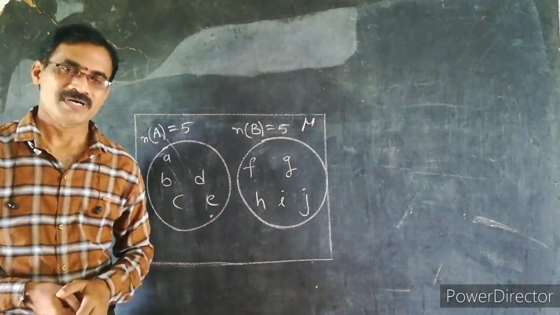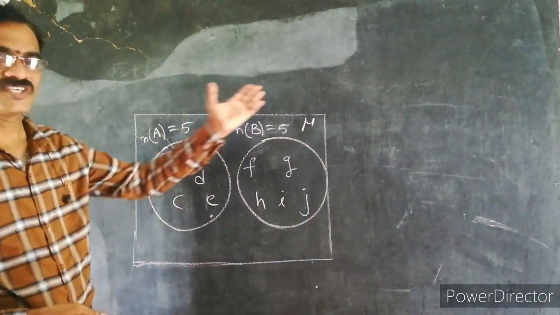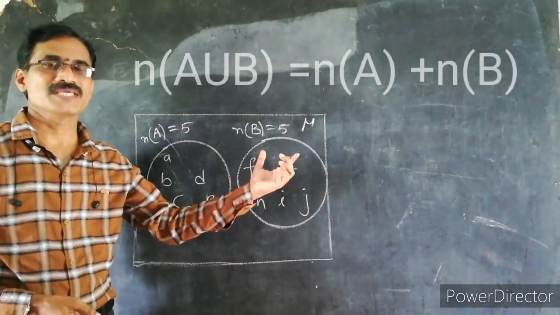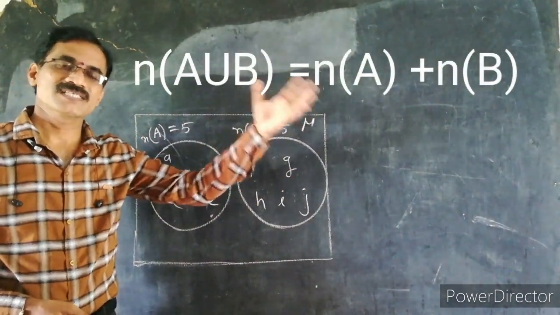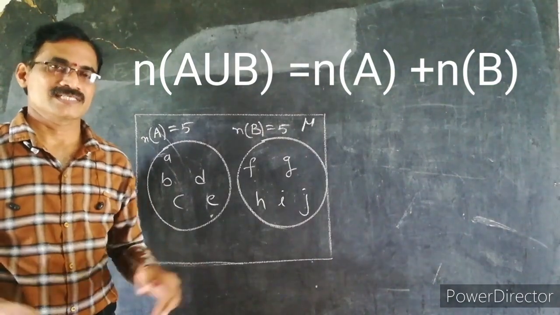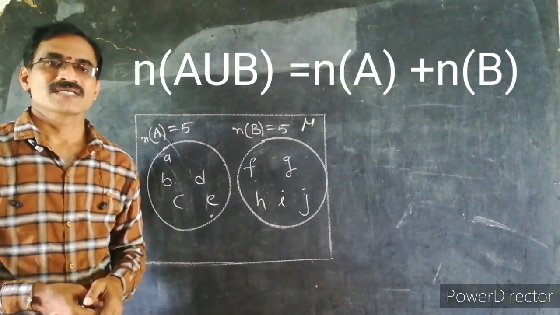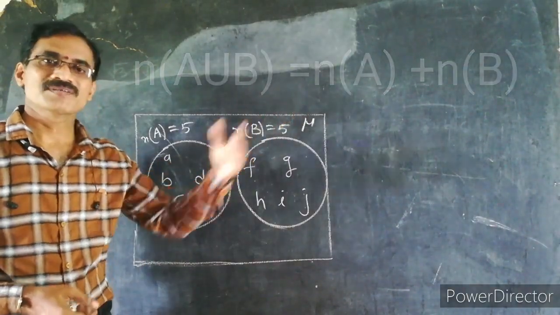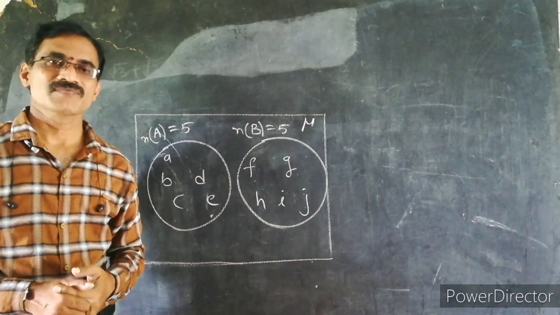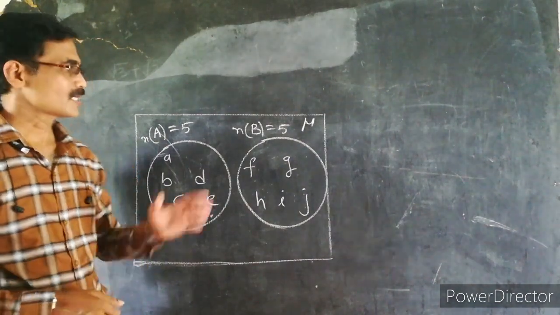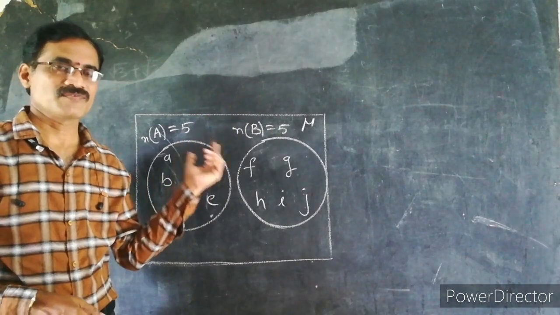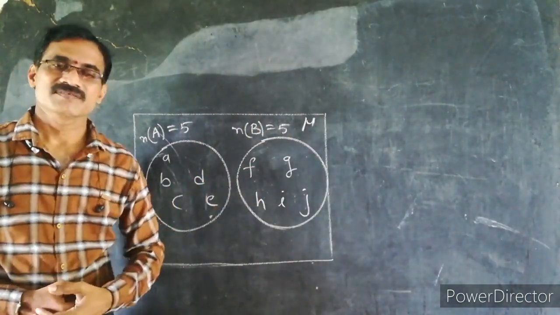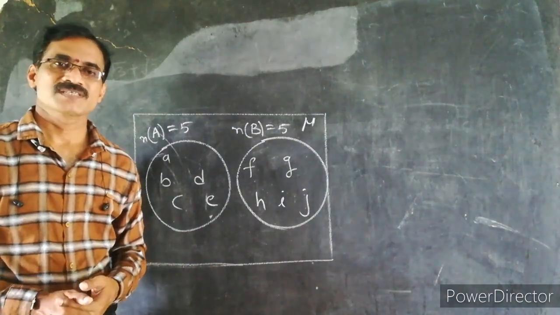So how will the principle change now? The number of A union B is equal to the number of A plus the number of B. Here A intersection B is the null set phi, so its number of elements is 0. That's why you need not take the number of A intersection B. Only the number of A union B is equal to the number of A plus the number of B. So while the sets are disjoint sets, the number of A intersection B is 0.